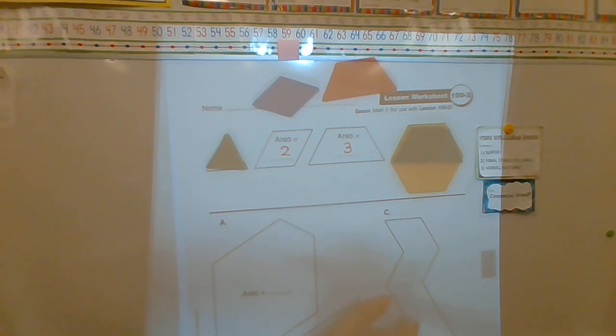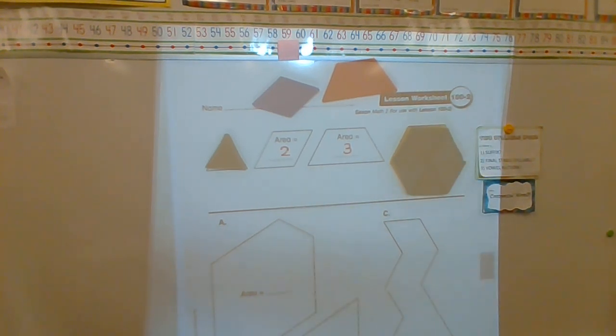But as we continue to practice, so we can get better at things, let's go ahead and get the triangles out to cover the hexagon. And you'll see that it takes how many? That's right, 6.